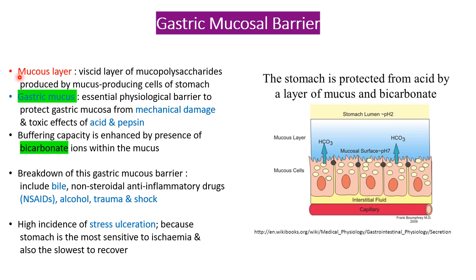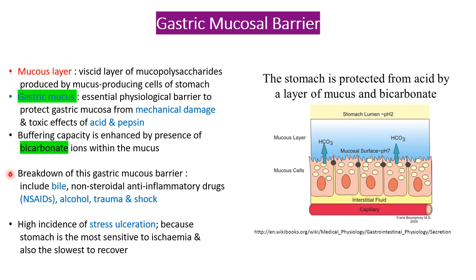This gastric mucus layer is an essential physiological barrier to protect the gastric mucosa from mechanical damage from food ingested and toxic effects of acid and pepsin. The buffering capacity of this mucus layer is enhanced by the presence of bicarbonate ions within the mucus.